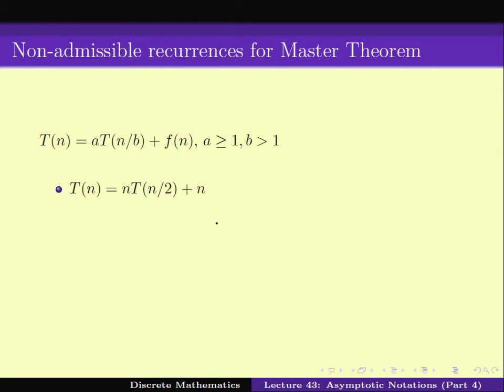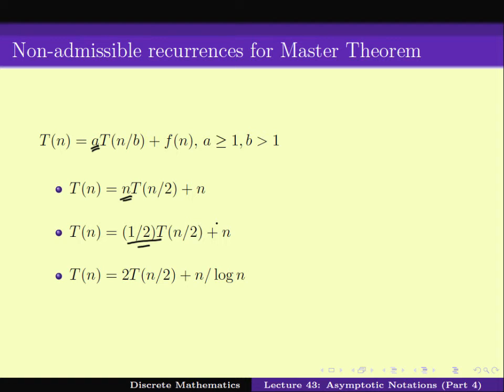For example, if I have T(n) equals n times T(n/2) plus n, this will not work because this a needs to be a constant, whereas this is an n. Or if I have T(n) equals half of T(n/2) plus n, this will not work because a needs to be greater than or equal to 1.